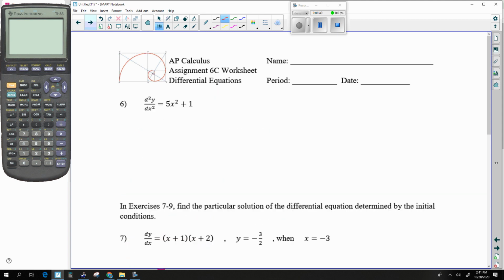All right, here they want to get this all the way down to y. So here we will actually have 2 different C's. They don't give me any conditions to eliminate them.